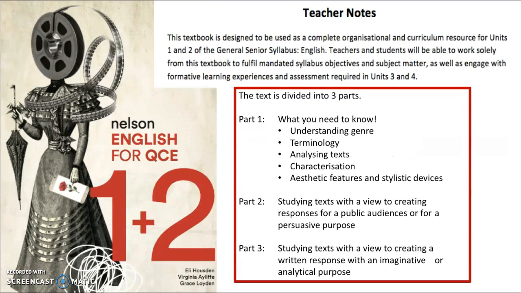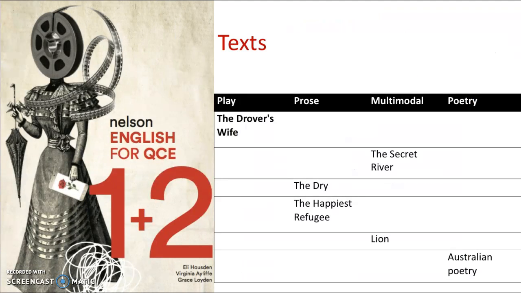In Part 3, which is linked to Unit 2 in the syllabus, we look at a range of texts and we study those for the purpose of considering imaginative written responses and analytical written responses. Again, the texts we've chosen are from the play, prose, multimodal and poetry elements suggested in the syllabus.